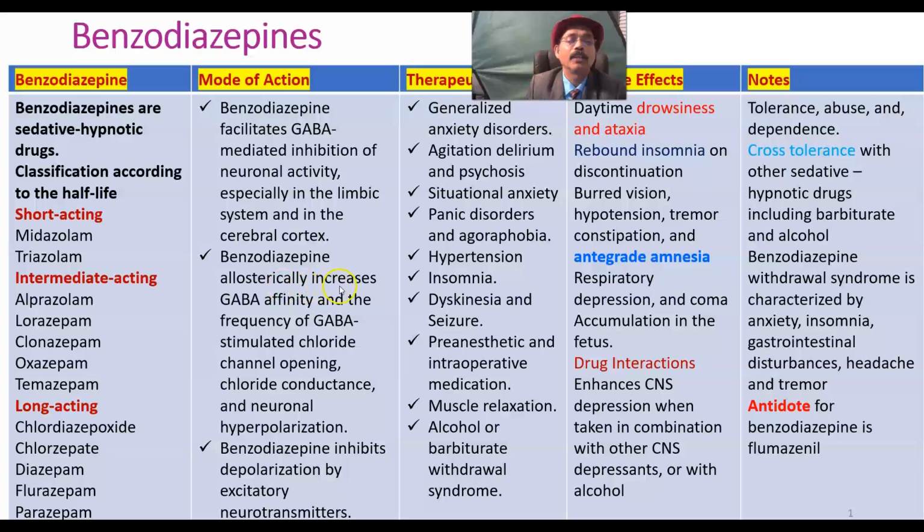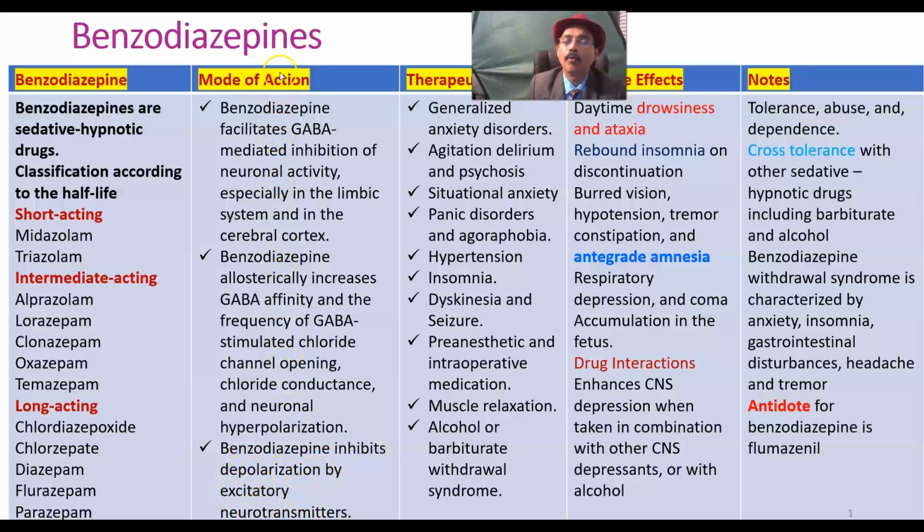Benzodiazepines allosterically increase GABA affinity and the frequency of GABA-stimulated chloride channel opening, chloride conductance, and neuronal hyperpolarization. Benzodiazepines inhibit depolarization by excitatory neurotransmitters.